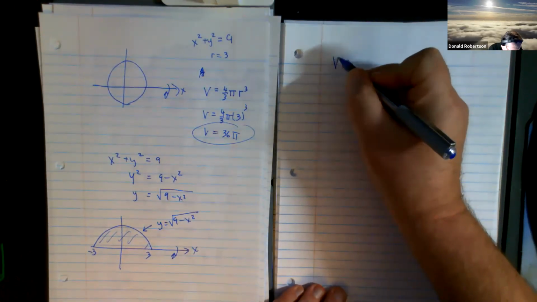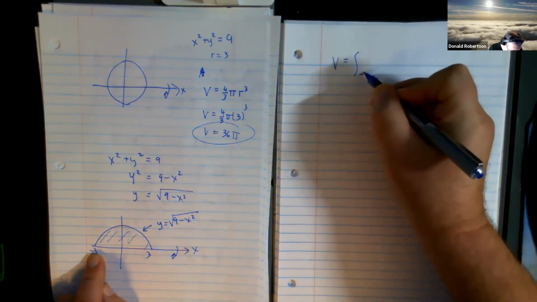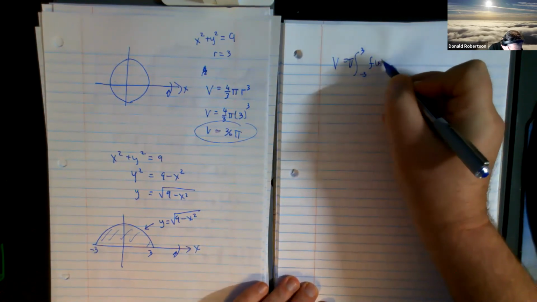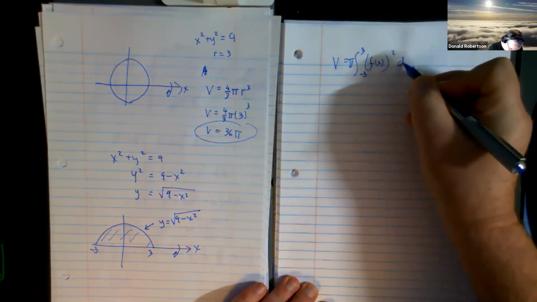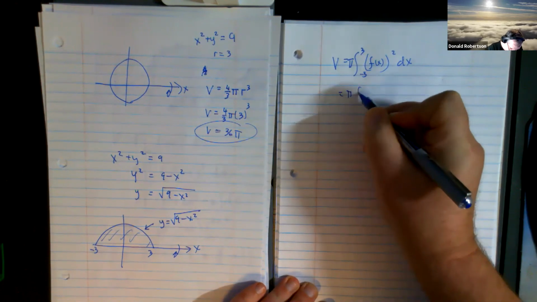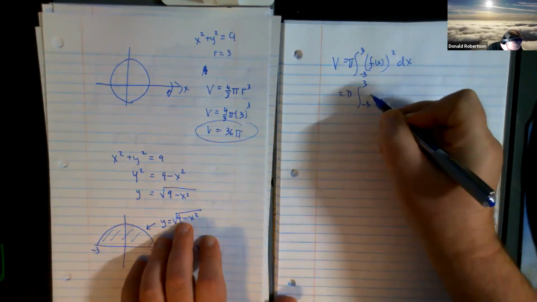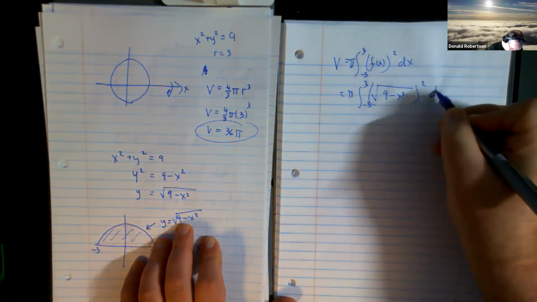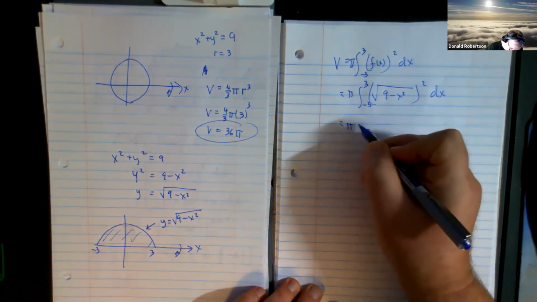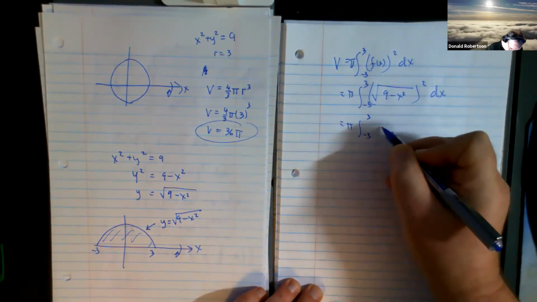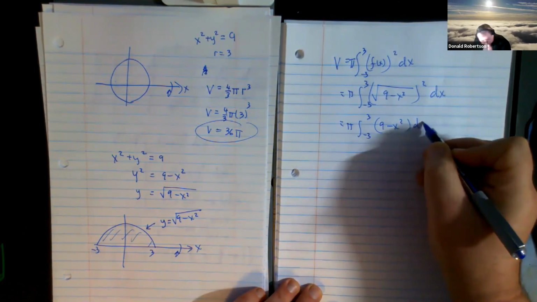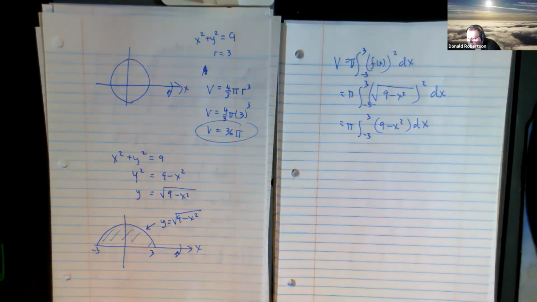So it's going to have a volume from -3 to 3, stick out the pi, the function squared. -3 to 3, this guy, squared. -3 to 3, that guy. See, if you square a square root, don't they essentially cancel out and you get a nice answer?